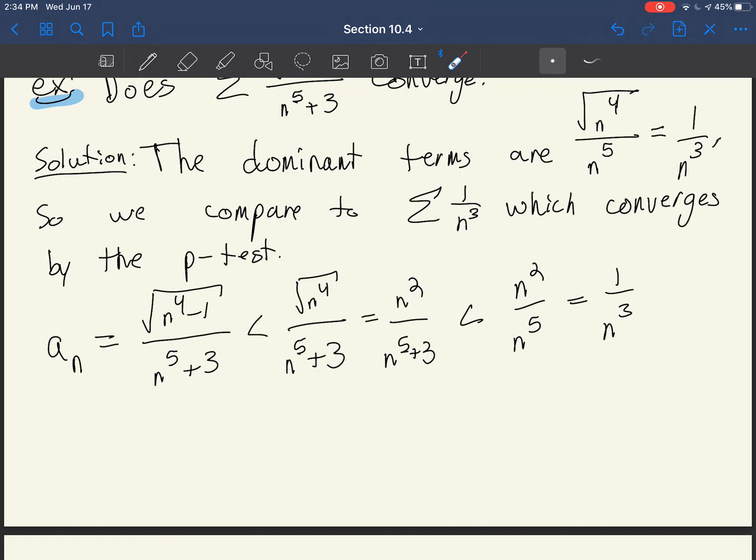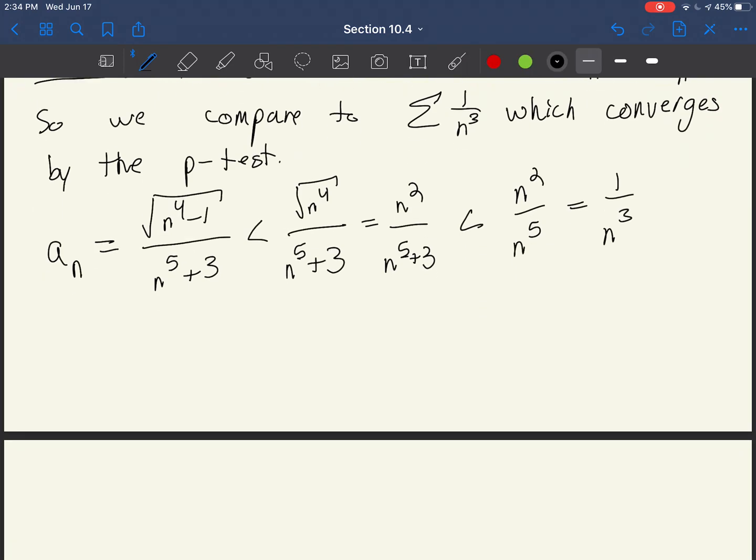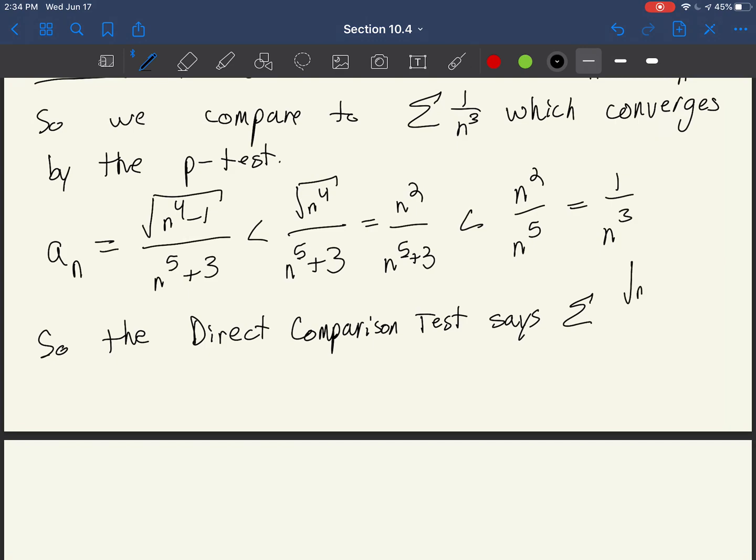So we have an is less than 1 over n cubed. So the direct comparison test says that the summation of the square root of n to the 4th minus 1 divided by n to the 5th plus 3 converges.